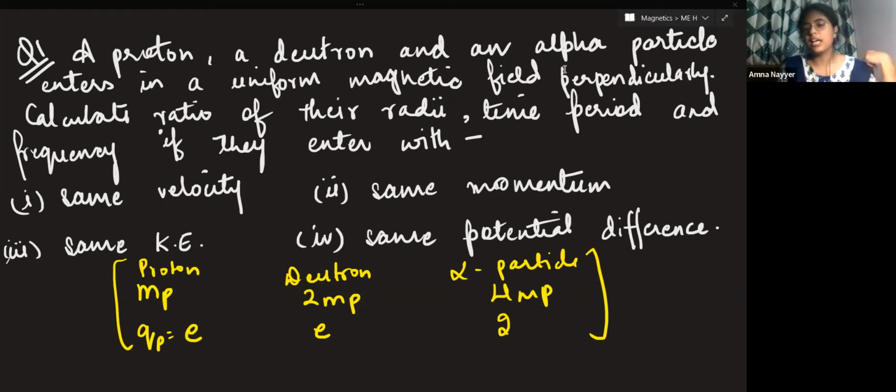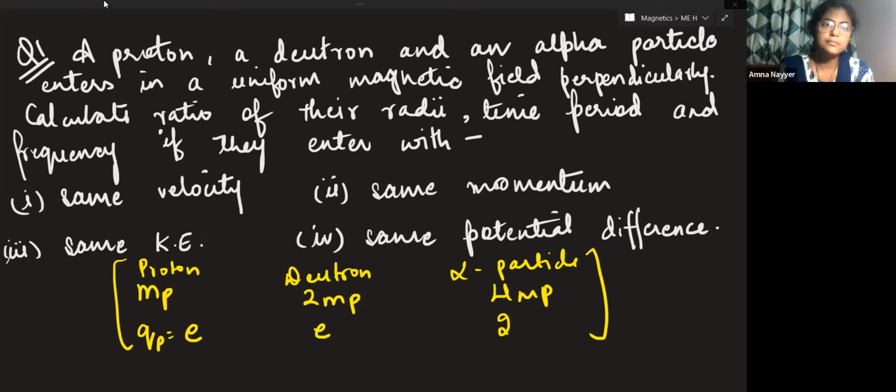Now, this portion that I've written in yellow, this is the relation. If mass of proton is mp, then deuteron has twice the mass of a proton and the alpha particle has 4 times the mass of the proton. Charge on proton and deuteron remains the same, and the alpha particle has twice the charge, so this becomes 2e.